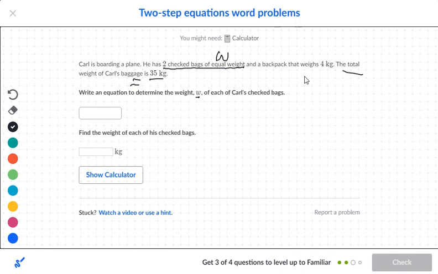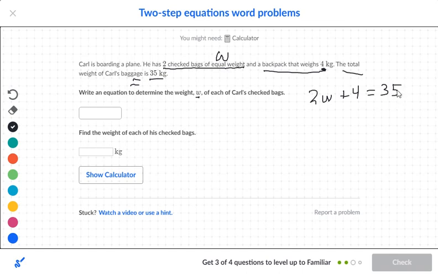And he just has a backpack, and they already give you what the backpack weighs. This single backpack just weighs 4 kilograms. So we're going to say 2W, because those are 2 bags we don't know. We do know the backpack weighs 4 kilograms, and then we know the total was 35 kilograms.